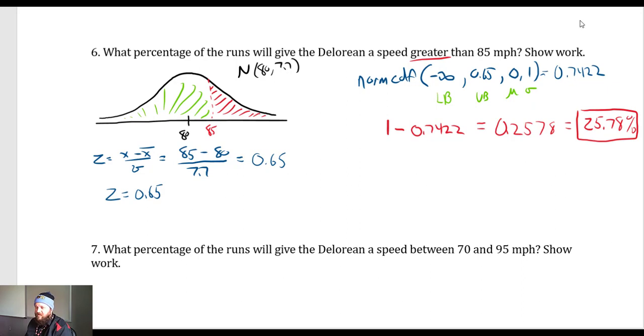So the percentage of runs that will give the Delorean speed greater than 85 miles per hour is 25.78%. Okay?